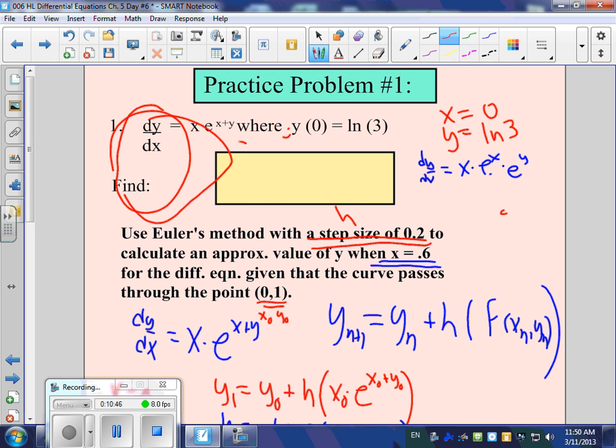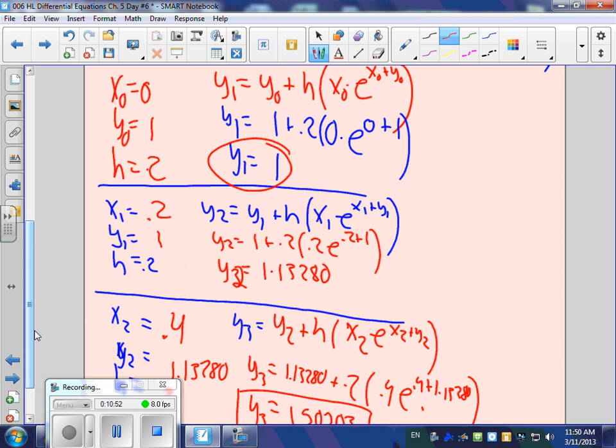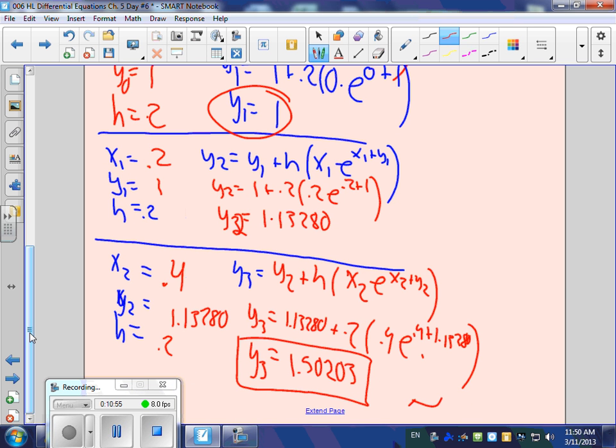Put that in for x to get your y, and then at the bottom here, compare it to this and get the error. Some of your problems have error. So that's how you do Euler's method for estimating points, x of 0.6. You're going to go to y3, stop 1 before, 0.4 before 0.6, and that'll be your answer for estimating y of 0.6. Good.